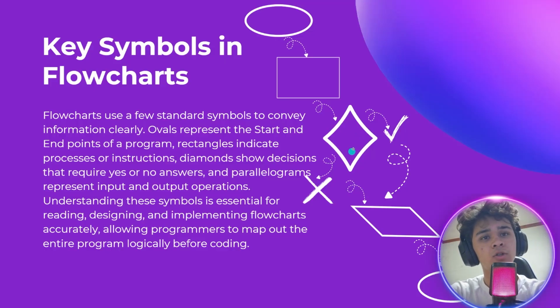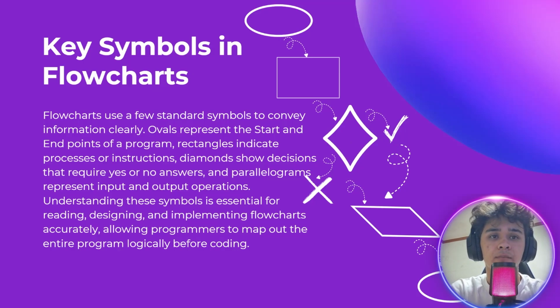For instance, if you want to identify whether the number, let's say 5, is positive or negative, you just ask if 5 is greater than 0. If yes, it's positive. If no, it's negative. Every time you make a flowchart, be sure to use arrows. Without arrows, it won't be a good flowchart.